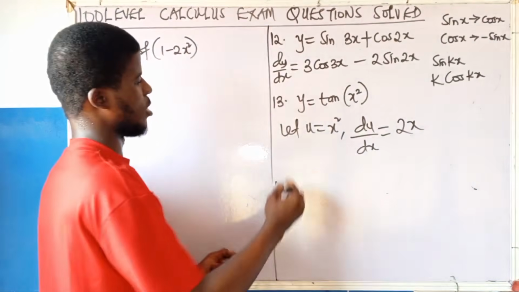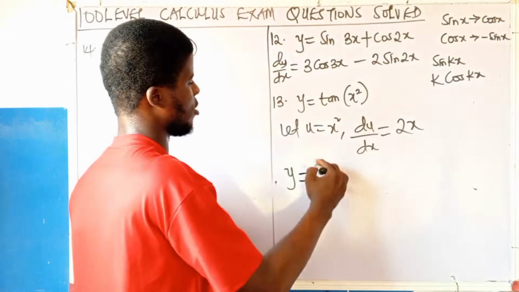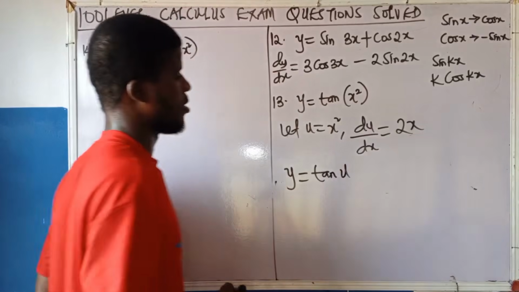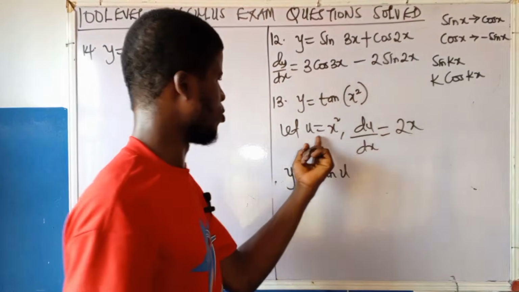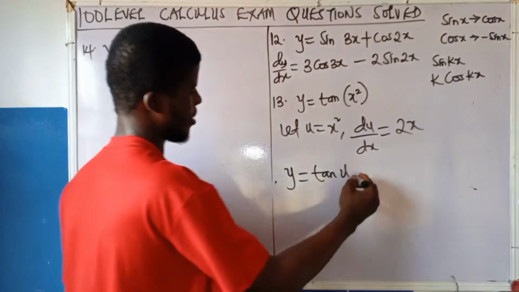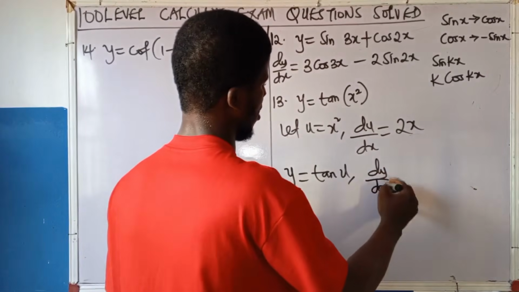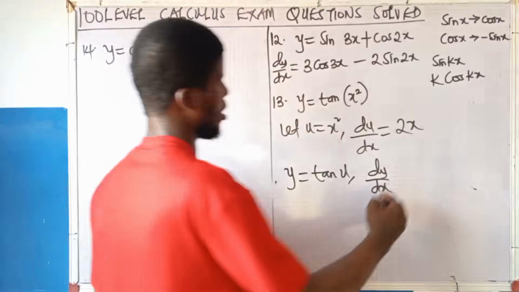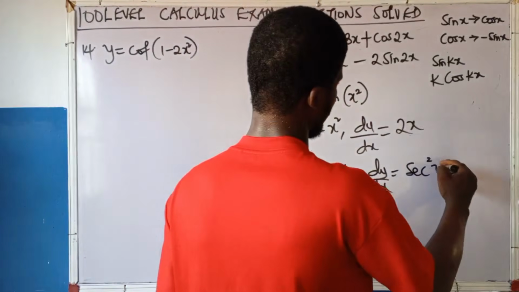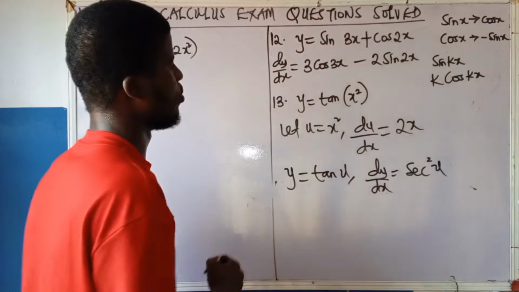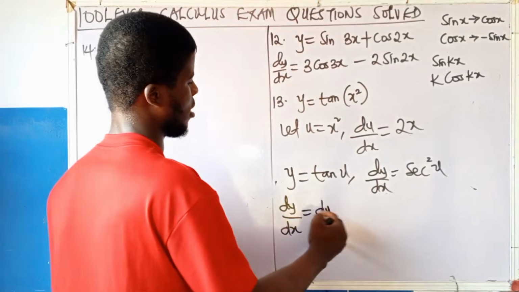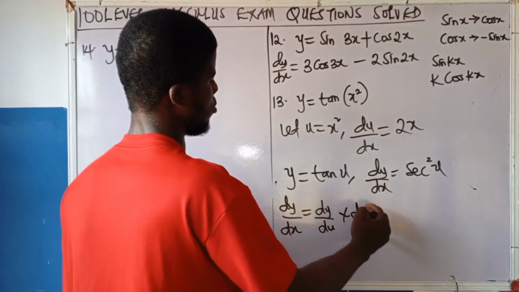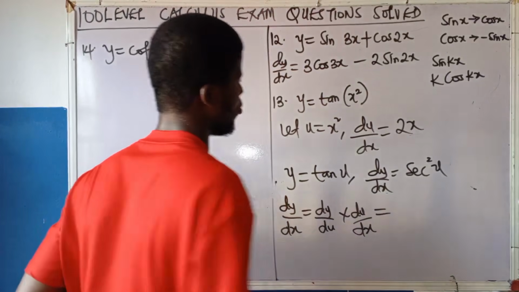By the rule, y is equal to tan u. That's the chain rule now. I will replace the x squared with u. So if I differentiate y with respect to u, differentiate tan to get sec squared u, as I said just now. The chain rule principle says dy/dx equals dy/du times du/dx.